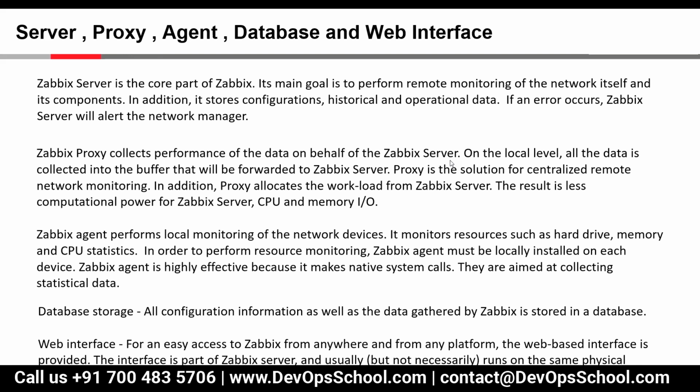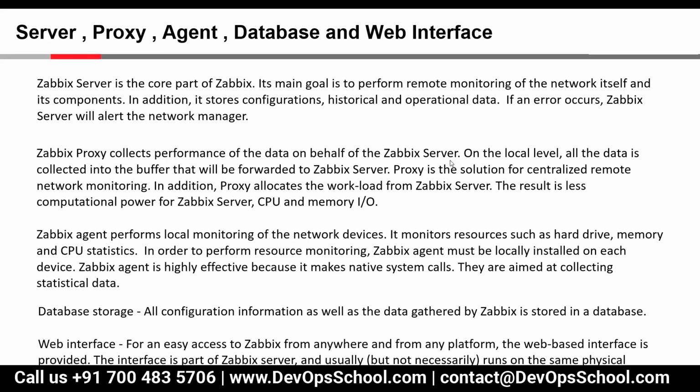Then we have the database storage. All the data which is being captured is stored on the Zabbix server only. We can create a database on the Zabbix proxy as well. If the communication breaks between the Zabbix proxy and the Zabbix server, the Zabbix proxy starts collecting the data and stores it with itself.